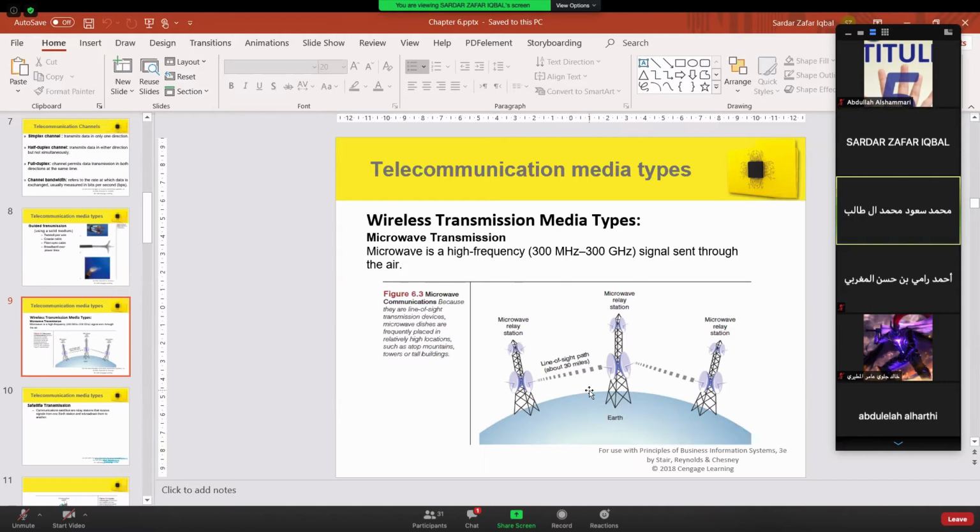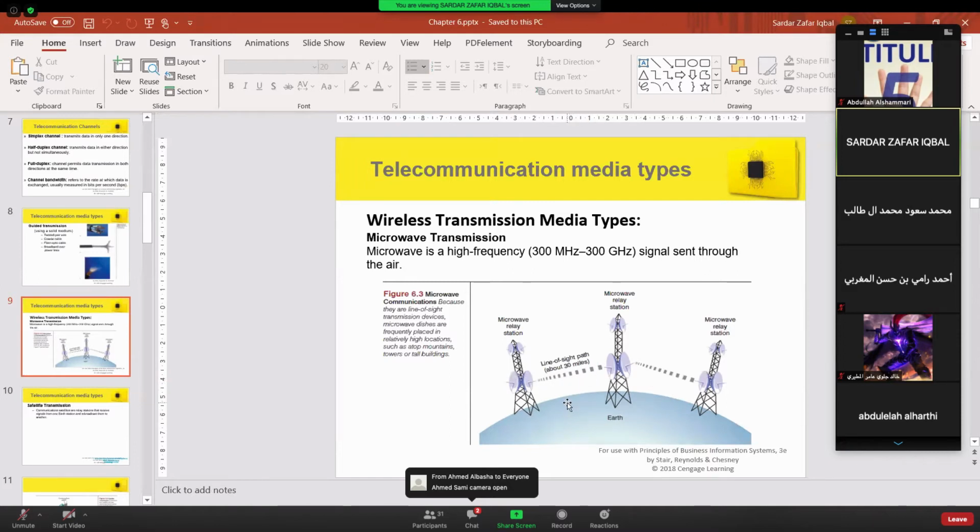I mean, line of sight means it should be in front of each other, in front of my eyes. You got it? Face to face. If you see the figure, they are right in front of each other.